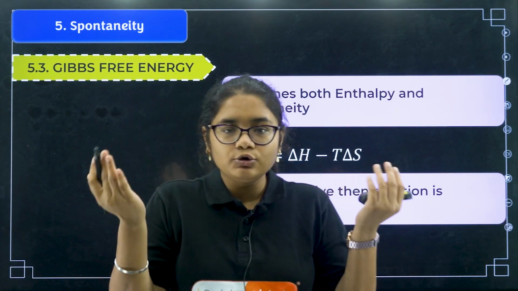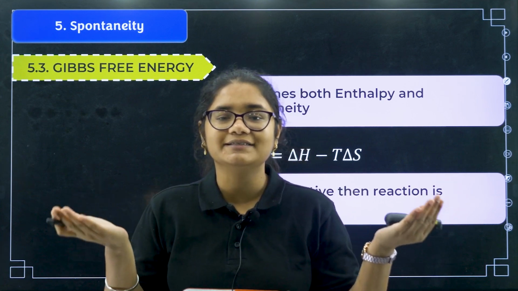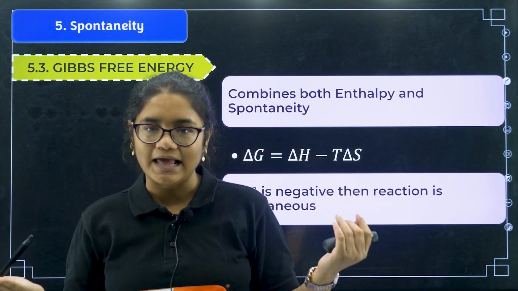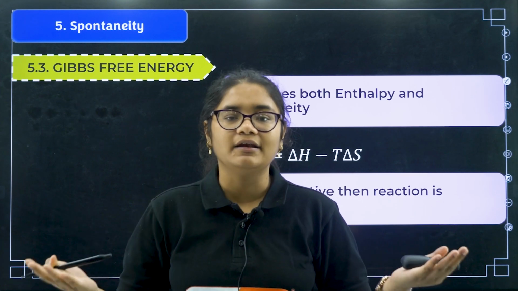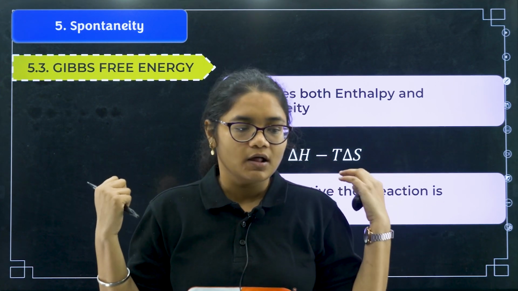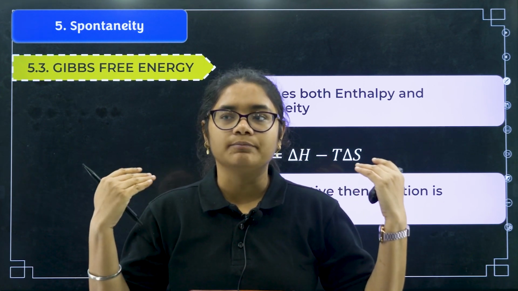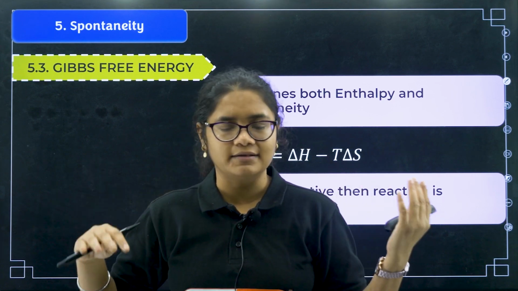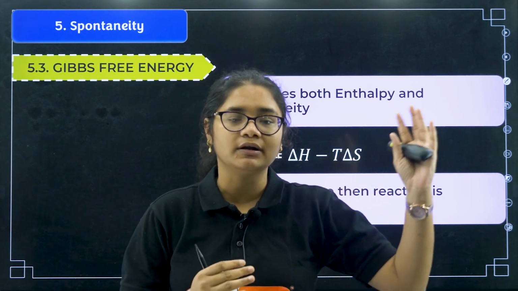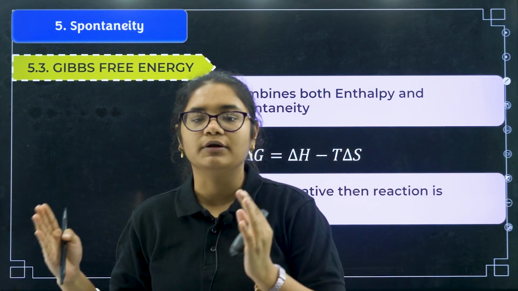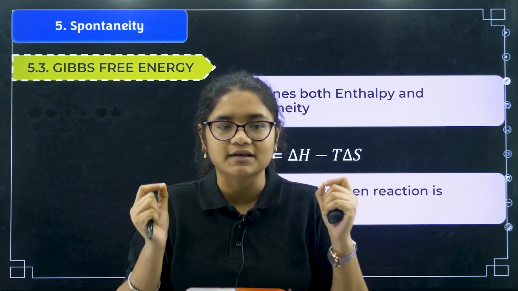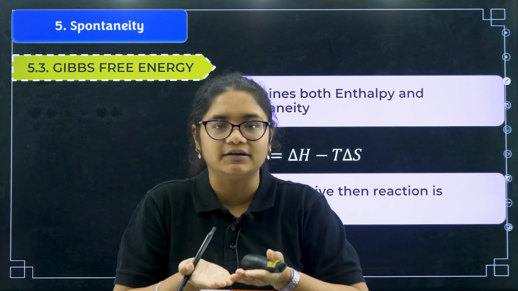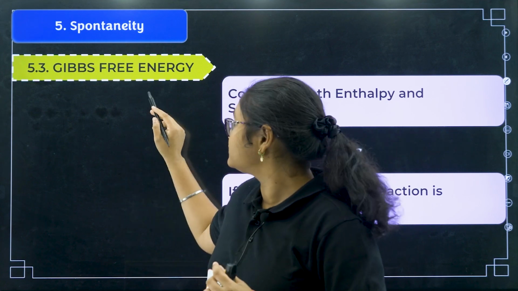Now you see there are two criteria which define the spontaneity of a reaction, enthalpy and entropy, right? But neither of the two criteria is 100% accurate. For enthalpy we have some exceptions, and entropy alone cannot tell you whether a reaction will be spontaneous or not. So there is a factor which combines these two, and that is your Gibbs free energy.